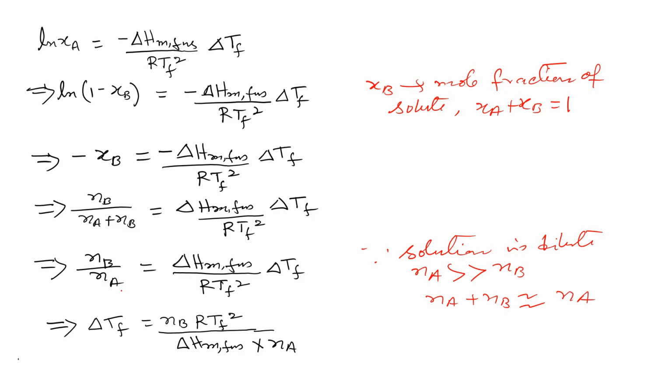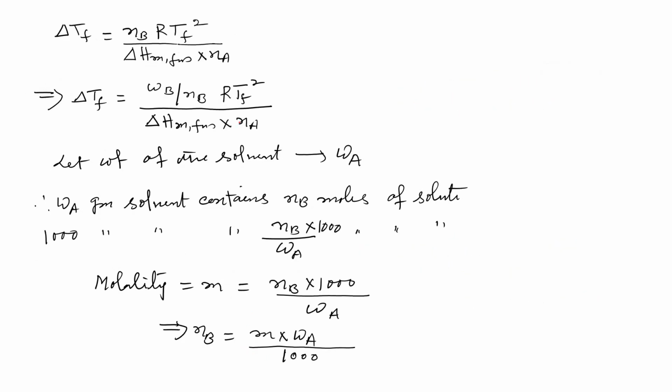That is what you have written here. So delta TF is equal to this NB; if you take cross multiplication, NB RTF square divided by delta H molar fusion into NA. So this delta TF, what we have written there, same thing I have written.